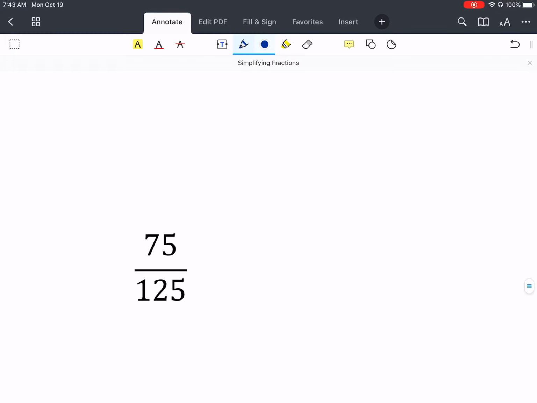One more example. 75 over 125. I know that I can divide both of these by 5, but I could also go bigger and say, I'm going to divide both of these by 25. And that's going to equal 3/5.